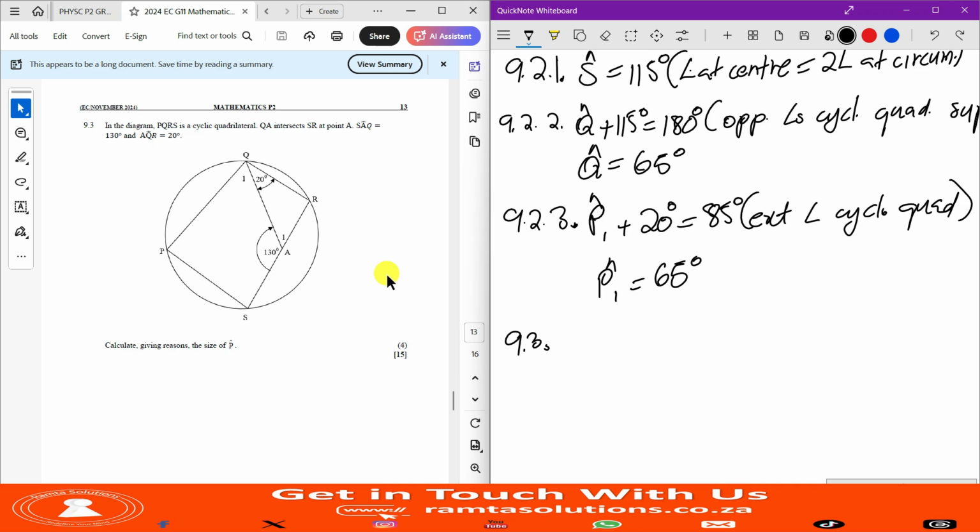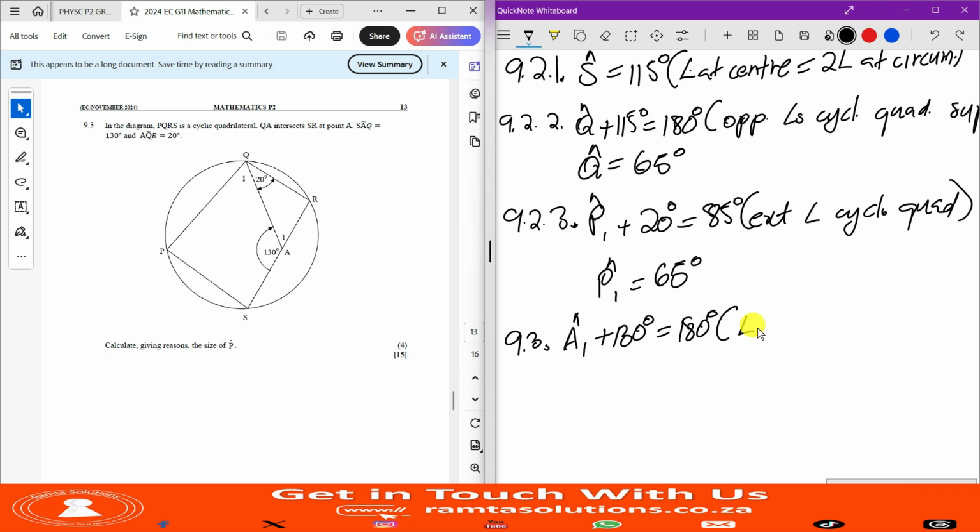We are looking for angle P. Let's begin with A1. Angle A1 plus 130 degrees is equal to 180 degrees.